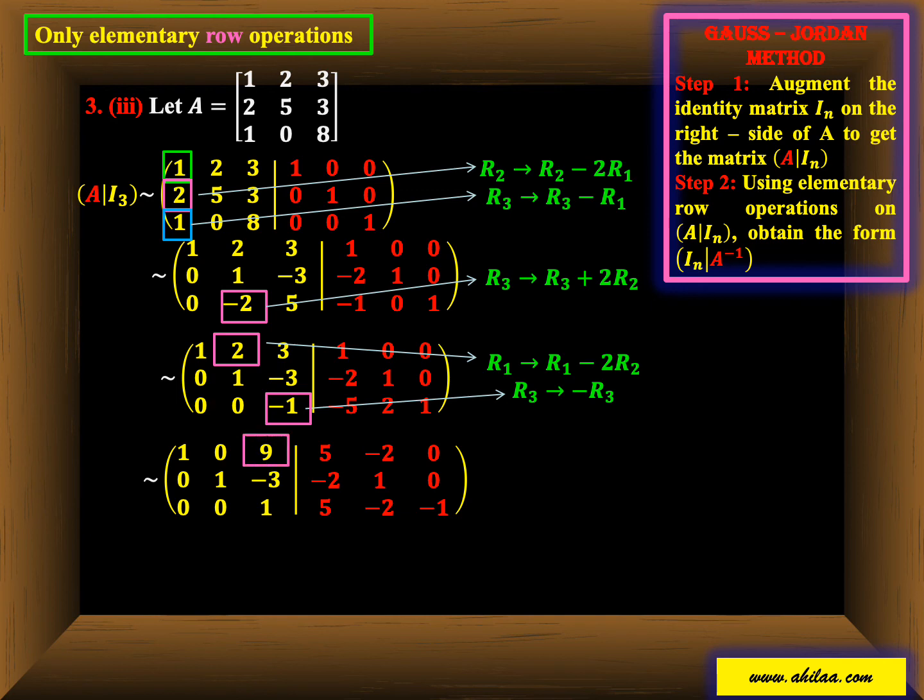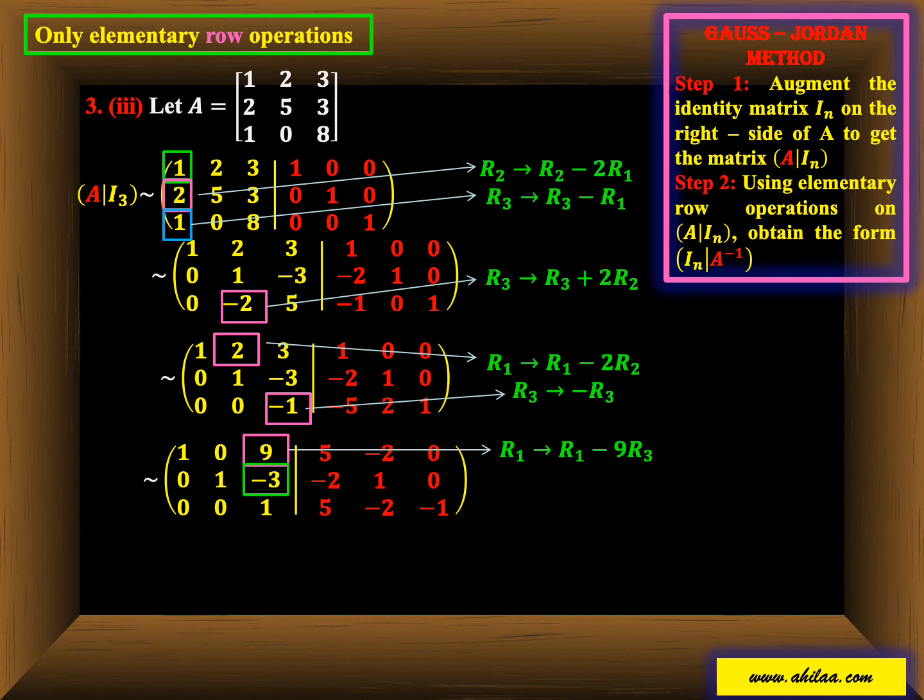Next I move to A13 element, which is 9 here. We need to make it as 0. So the operation is R1 goes to R1 minus 9R3. If I make the row 3 as pivot row only, the other elements will not change. Okay.